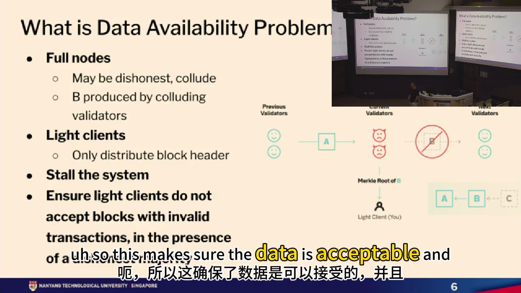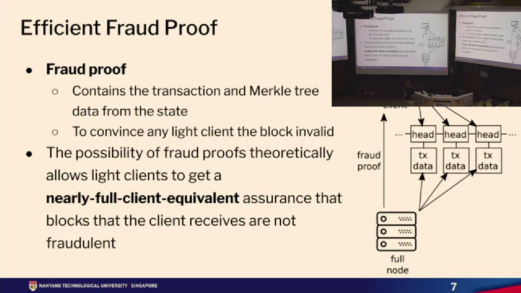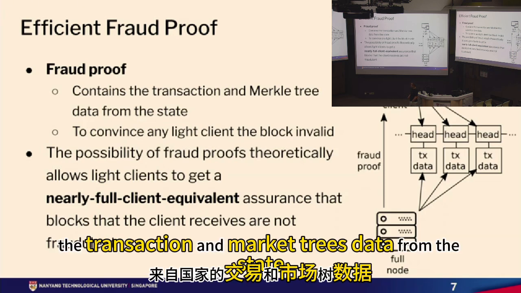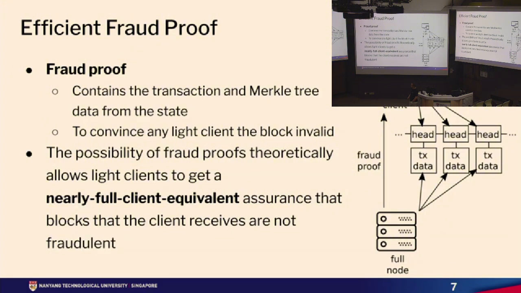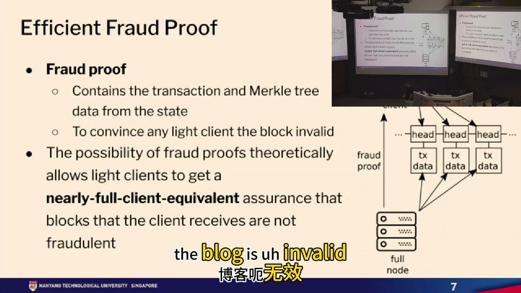So this makes sure the data is acceptable and transparent to other light clients. So that's where the industry uses the fraud proof to contain the transaction and Merkle trees data from the state. And it's trying to convince the client the block is invalid.